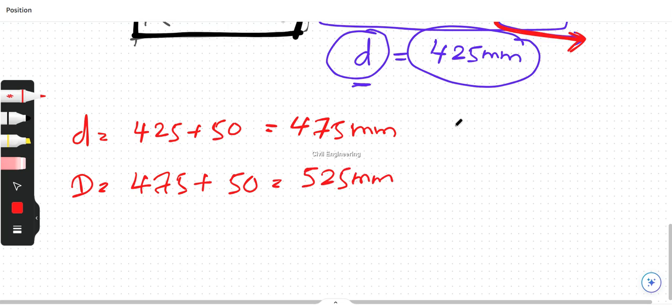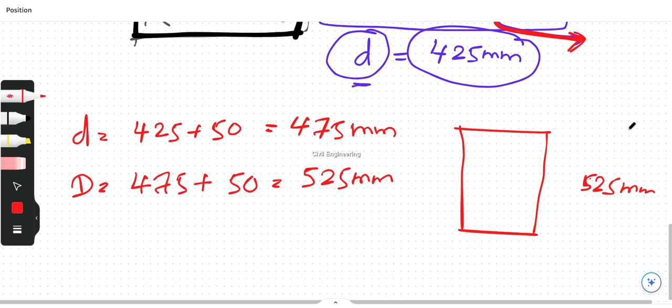Now we know the section sizes: D is equal to 525, this is the total depth, and the effective depth is 475.